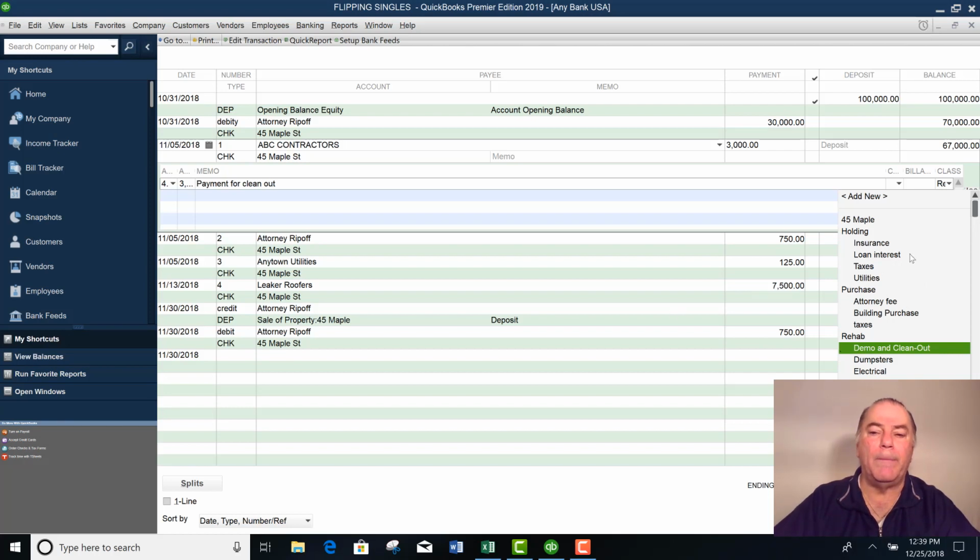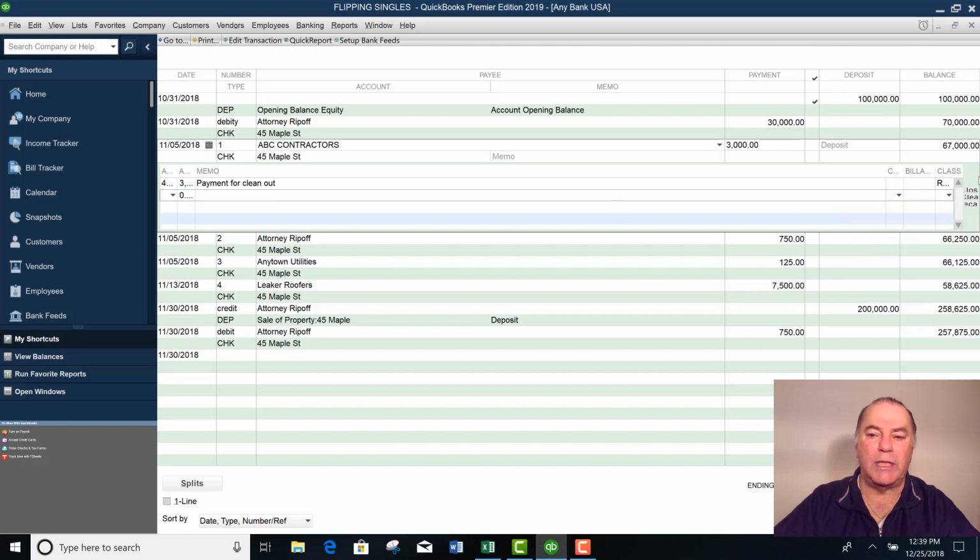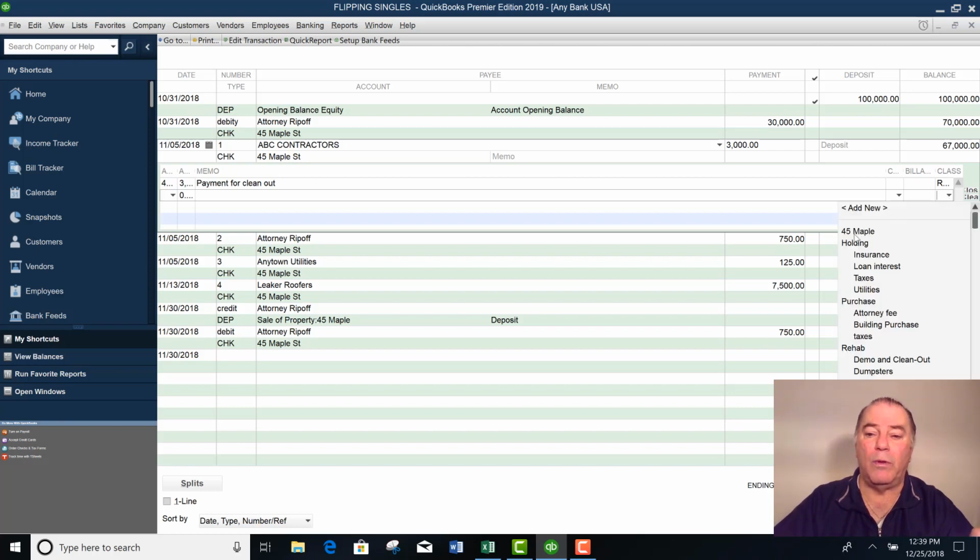But here, what I wanted to do, and I'll show you the chart of accounts, was I wanted to make sure I had my class broken down pretty specifically. Again, we're at 45 Maple, and under that I've got holding insurance, or actually 45 Maple sits by itself, but I've got holding insurance under that, loan interest, taxes, utilities. Then I've got my purchase and items under that.